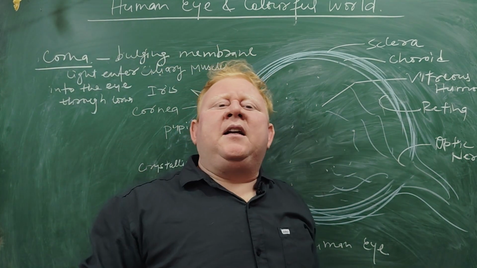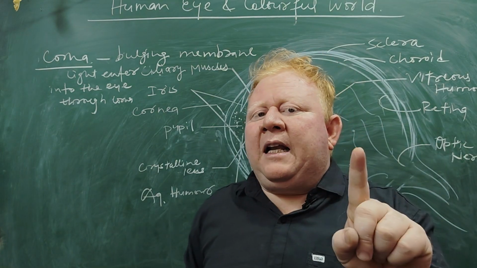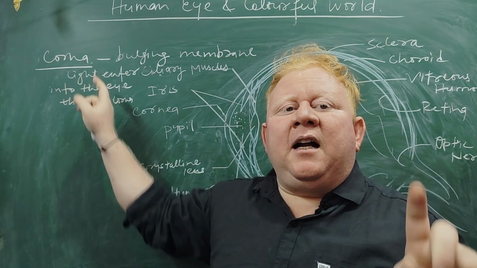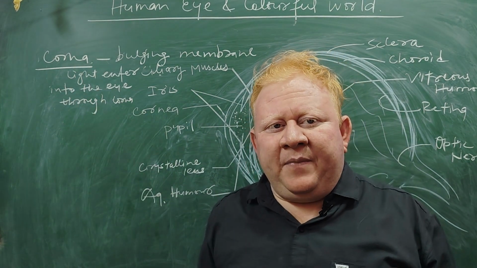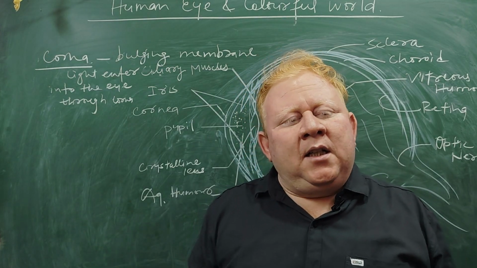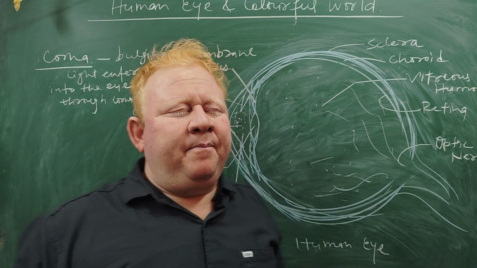So this is about cornea. Just two lines: one line you speak about the cornea, and the second line you tell the function. This is how you need to write in your CBSE board exam also, right?